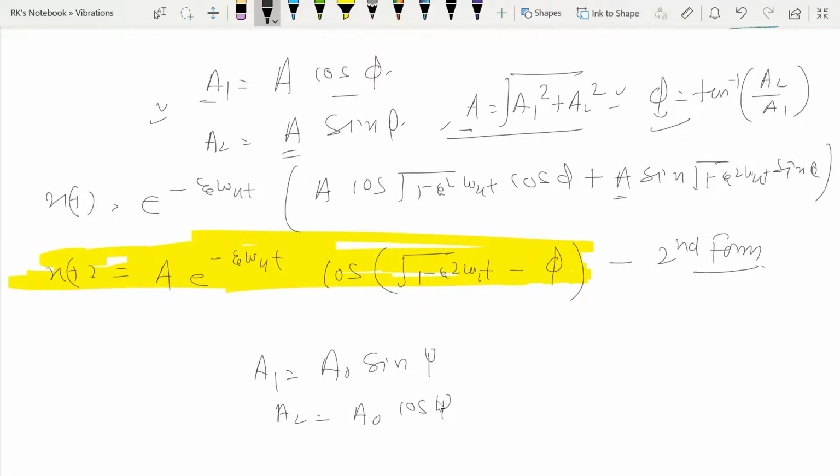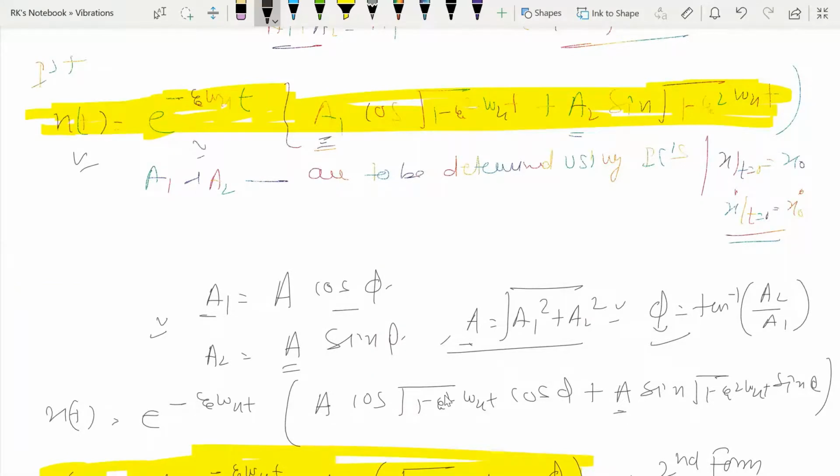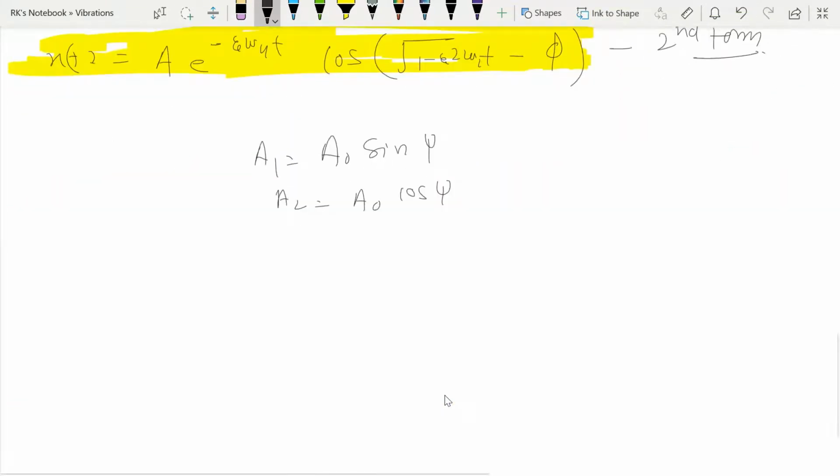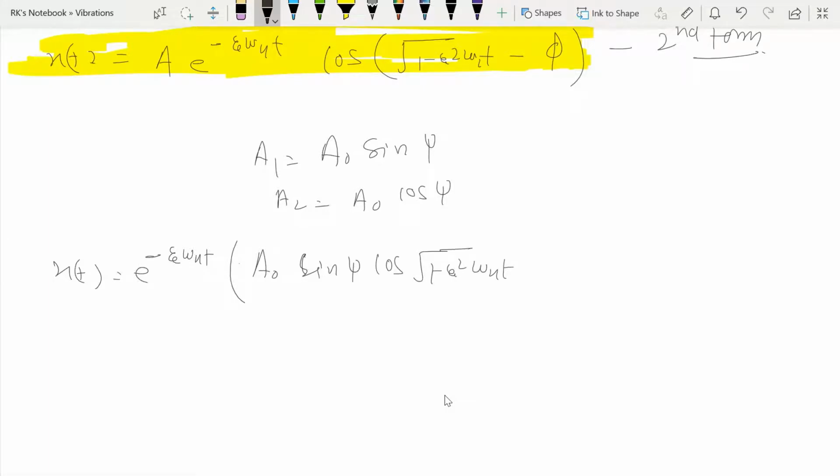So if we replace these values in this form, then this becomes x of t equals e raised to power minus zeta omega n t. In place of A1 we write A naught sin psi, and this was cos of square root of 1 minus zeta square omega n t, plus, in place of A2 we write A naught cos psi, and this is sin of square root of 1 minus zeta square omega n t.